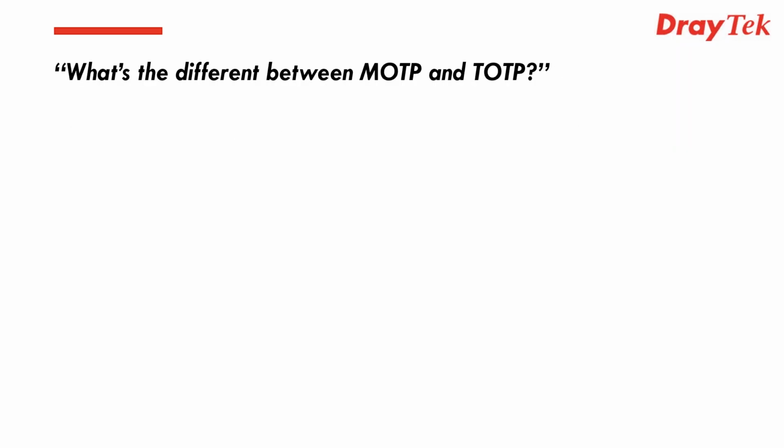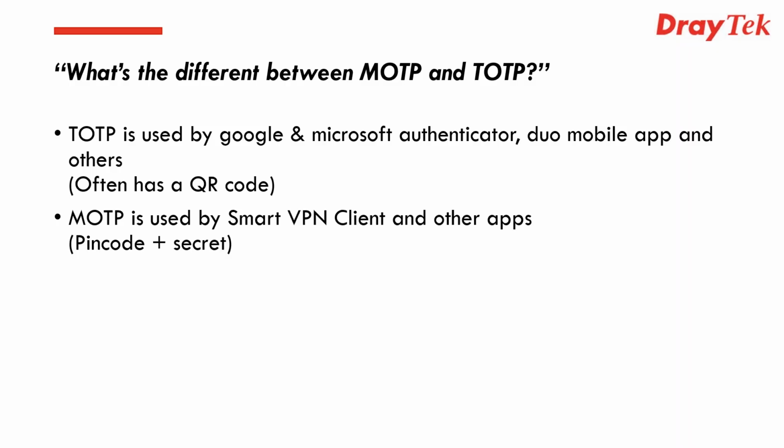Okay, I've got another question. What is the difference between MOTP and TOTP? Okay, so these are two types of one-time password. MOTP is mobile one-time password, and TOTP is time-based one-time password.